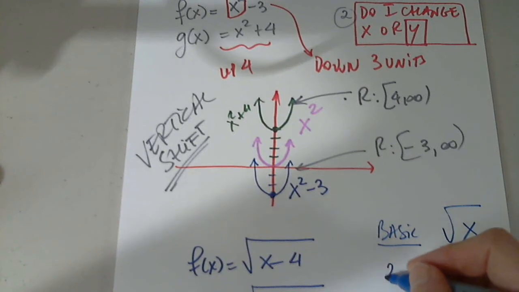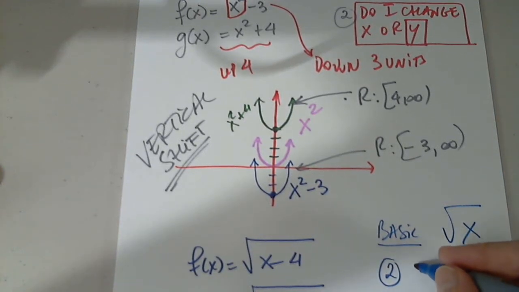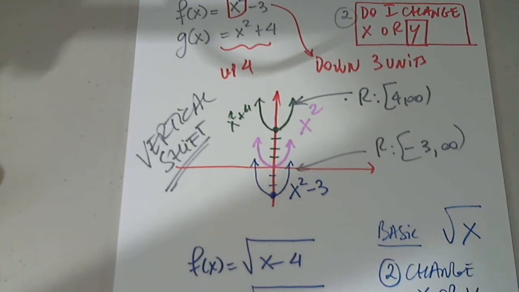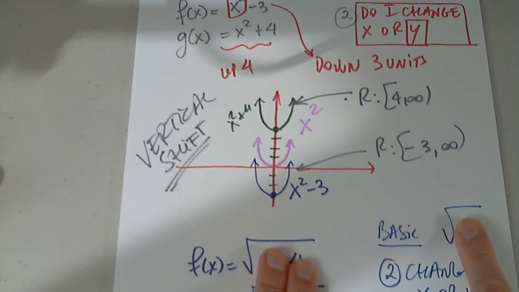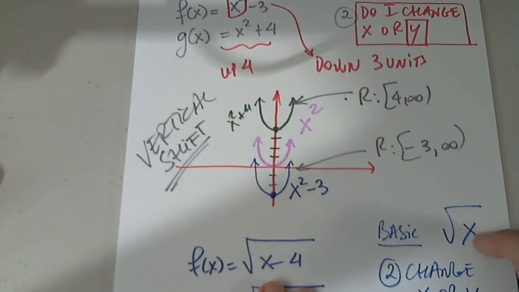Now I have to compare my second question to myself. Change x or y? It cannot be both. Do I change x or y? I don't know. I'm going to compare. Square root, yes. Anything attached to it? No, I don't see anything attached to it. But this one has x, and this one has x minus 4. So now from x, I subtract 4.